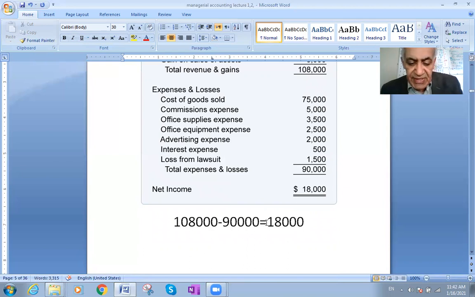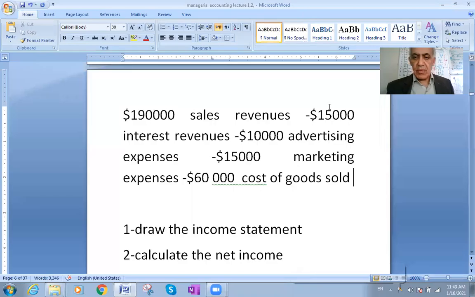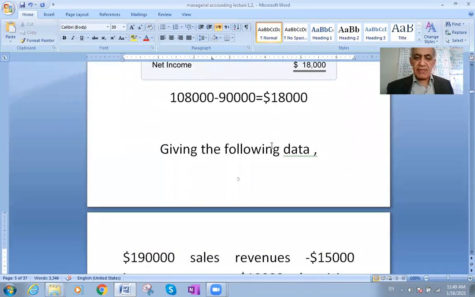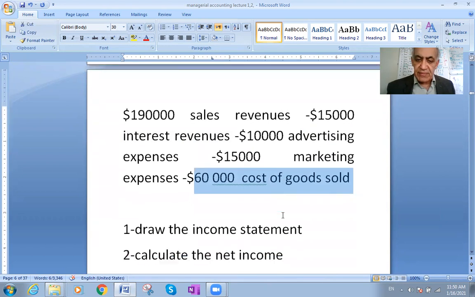And we will do an example ourselves, a training example with ourselves. Then we will see you in the next lecture. Let's go for another example for the income statement. The example gives the following data: 190,000 sales revenues, 15,000 interest revenues, 10,000 advertising expenses, 15,000 marketing expenses, and 60,000 cost of goods sold.